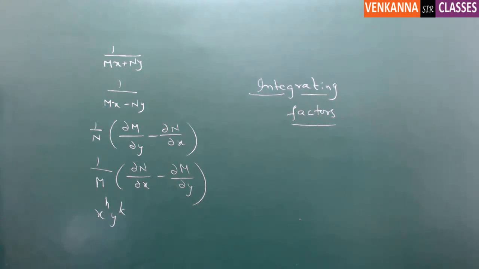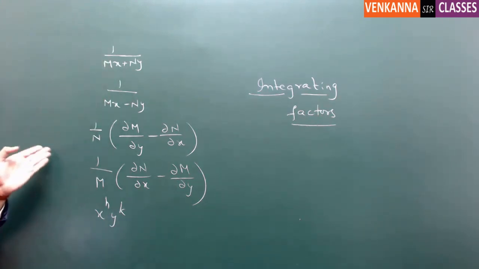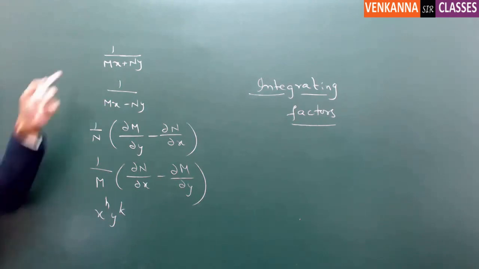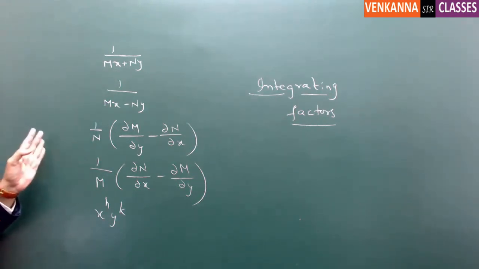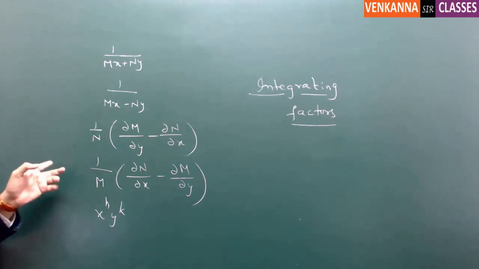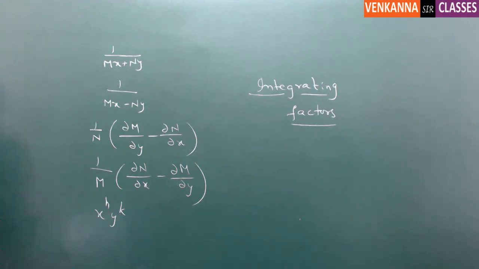Now I am going to take the problems one after the other so that we have a discussion. Whatever the formula we are going to use, the procedure is the same for each and every formula. Okay, how to evaluate the problem? So let us go with the first problem.